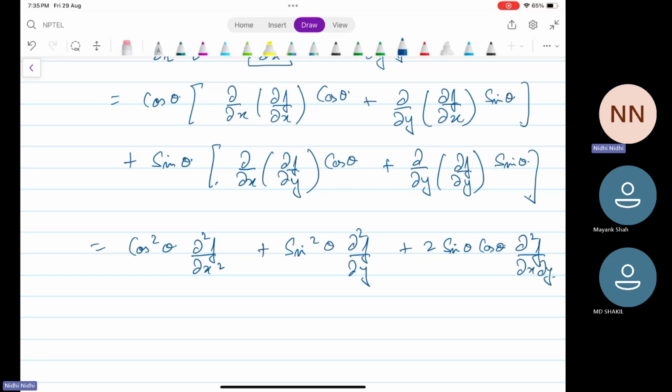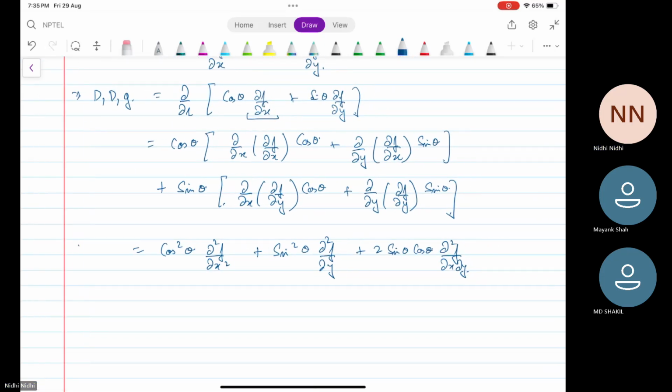Since f is a smooth function, the mixed partials are the same. Eventually we can add them. This is d1g. Let's mark this as number 1.